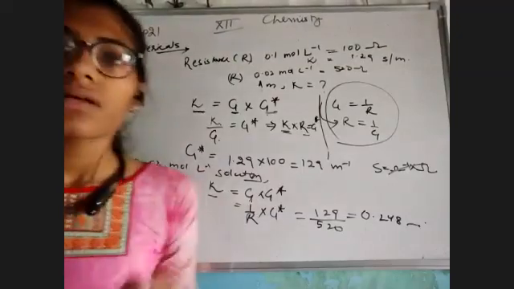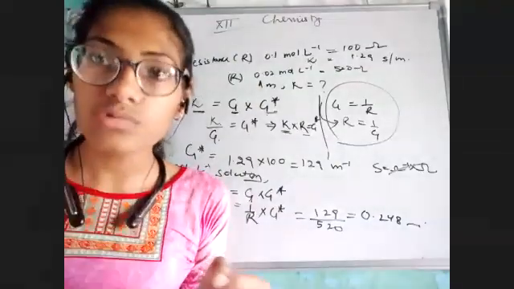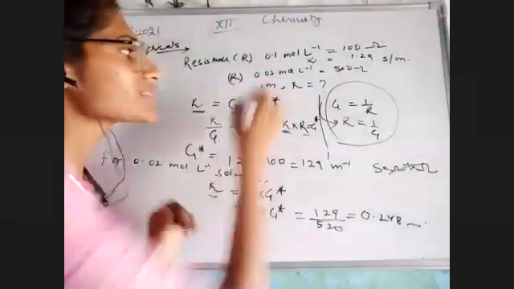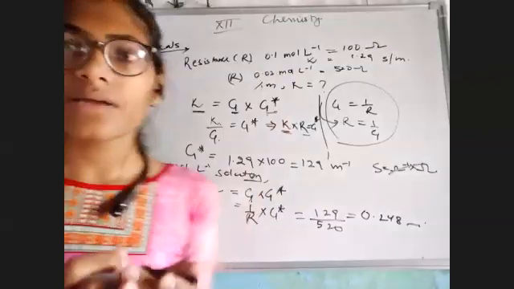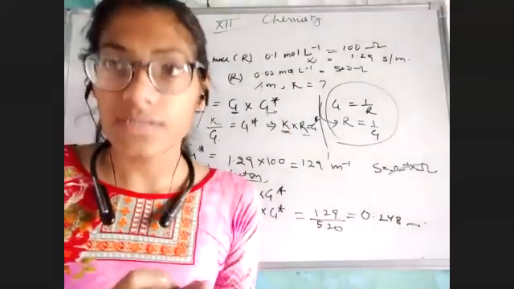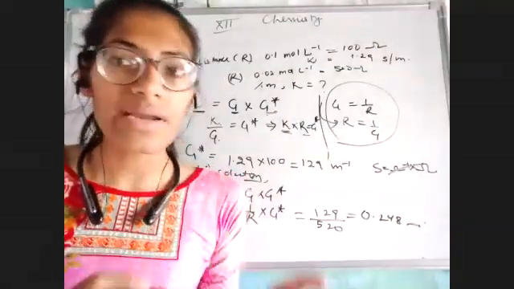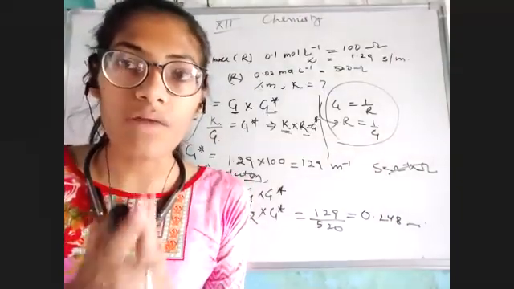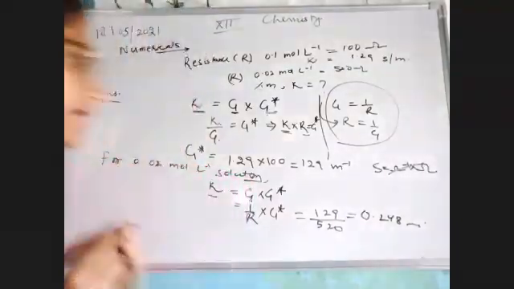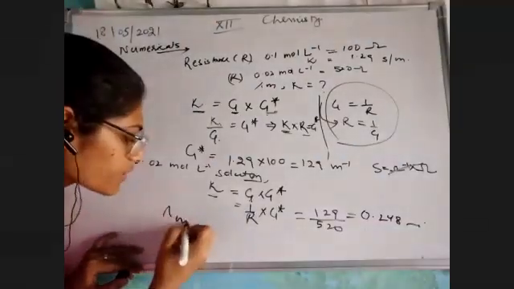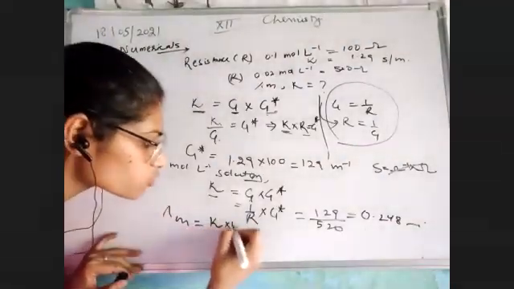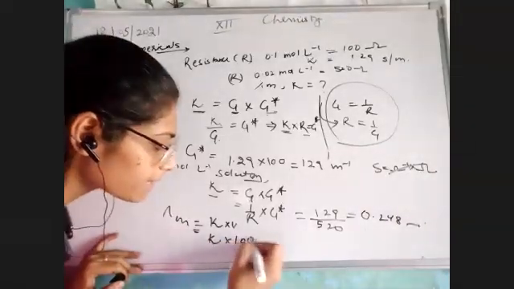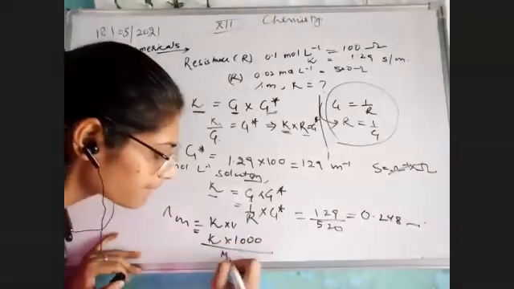Is it making sense? Now the point is, how do we need to calculate the lambda m? What does lambda m define? Molar conductivity. We have studied now. Molar conductivity is conductivity but of 1 molar solution. So lambda m is equal to kappa into V, and V is replaced by 1000 divided by molarity.